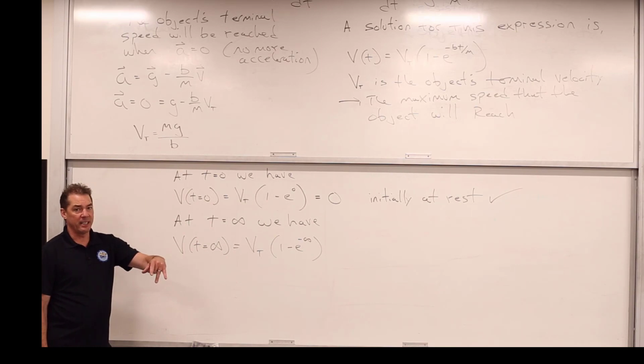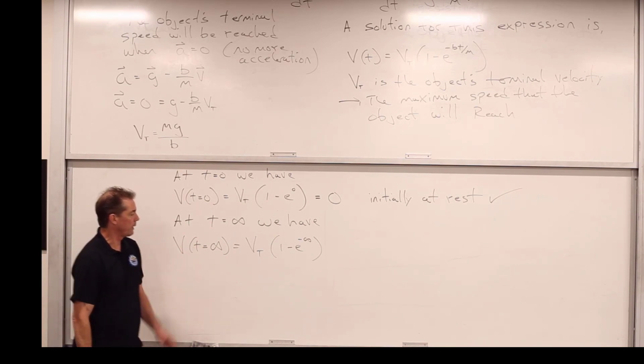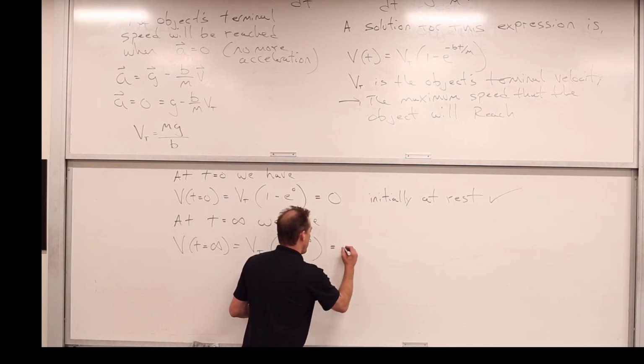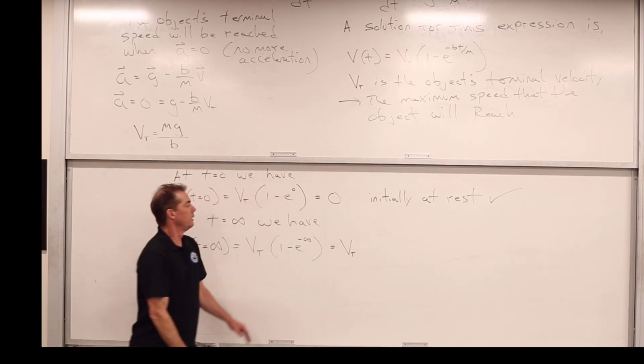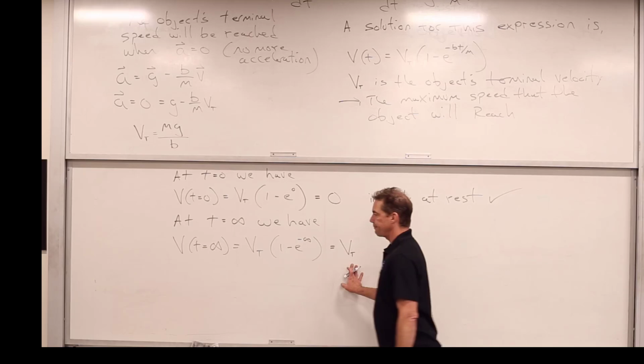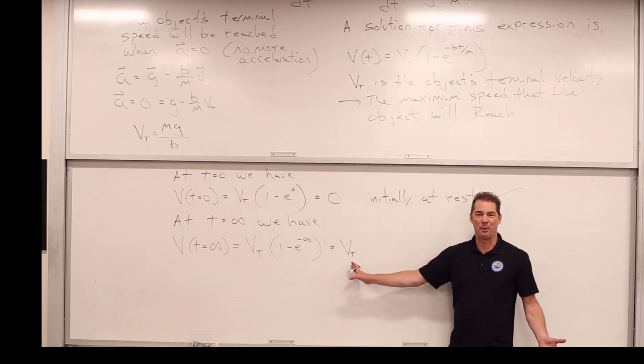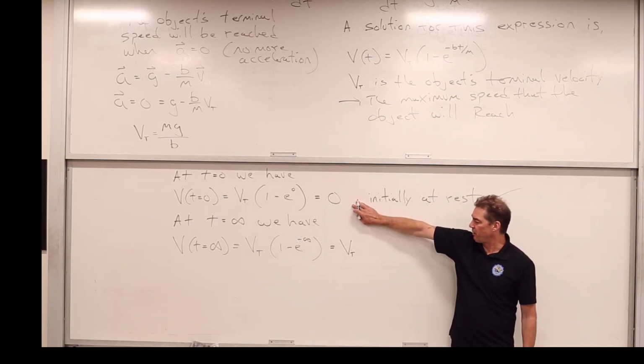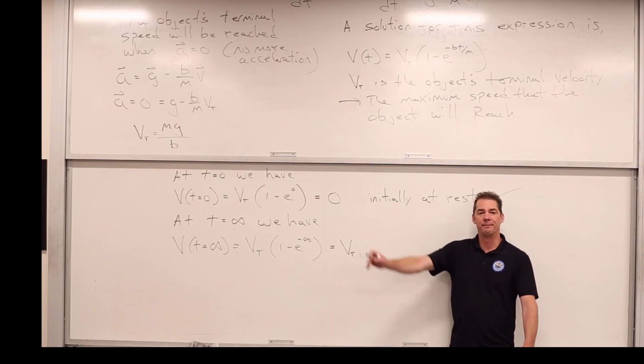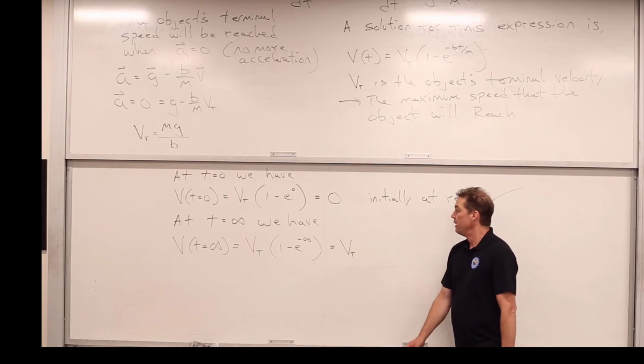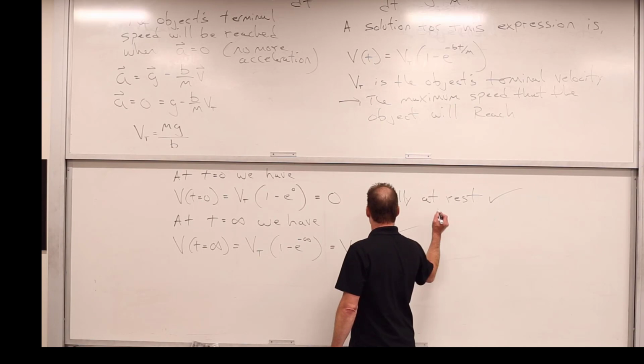What's e to the negative infinity? 0. So what do we get with this? This ends up being v sub t. Well, that's the endpoints. The start at 0, the end at the terminal speed. That's what we want. So this checks too.